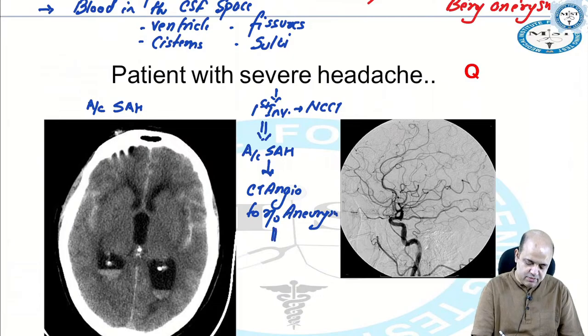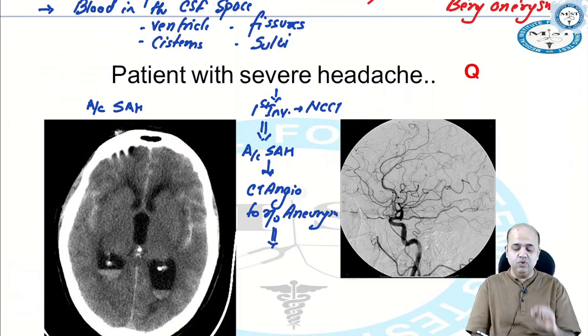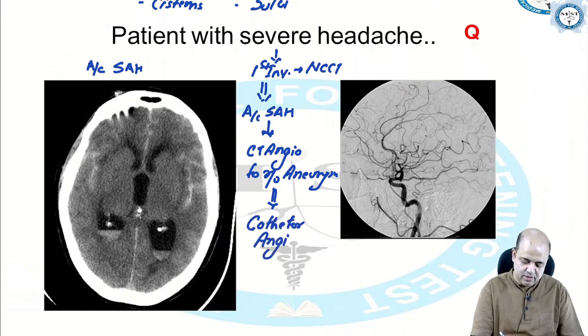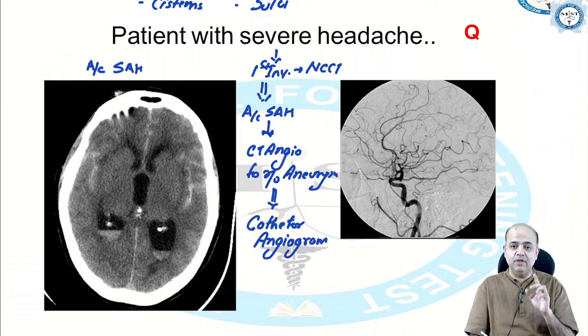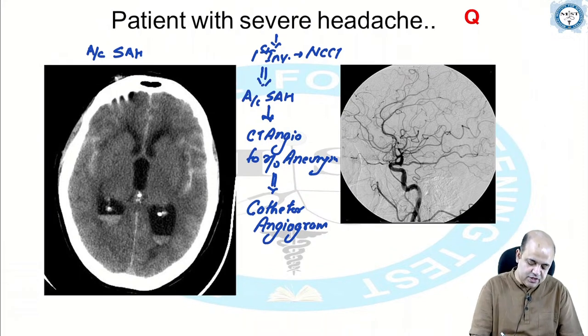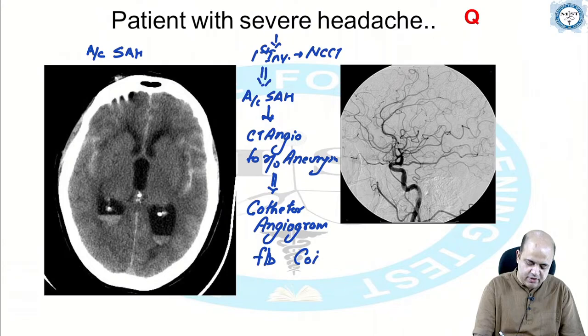If an aneurysm is confirmed, then we do a catheter angiogram, and after that we do coiling of the aneurysm.